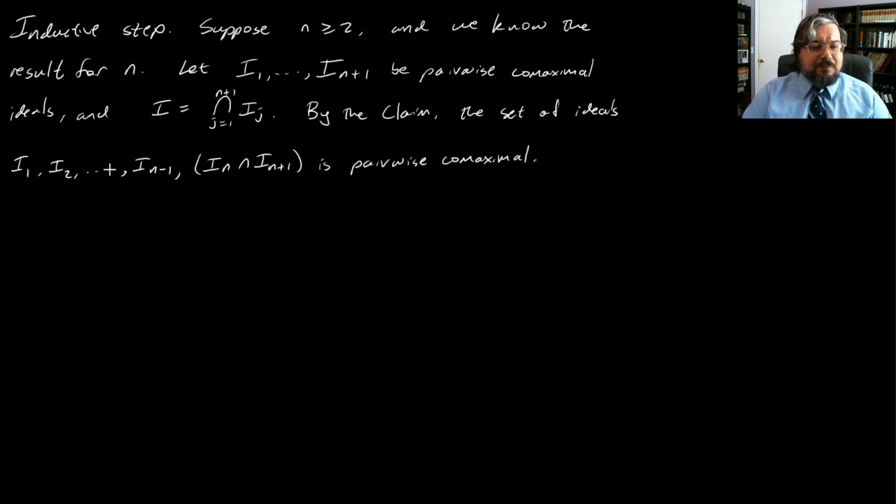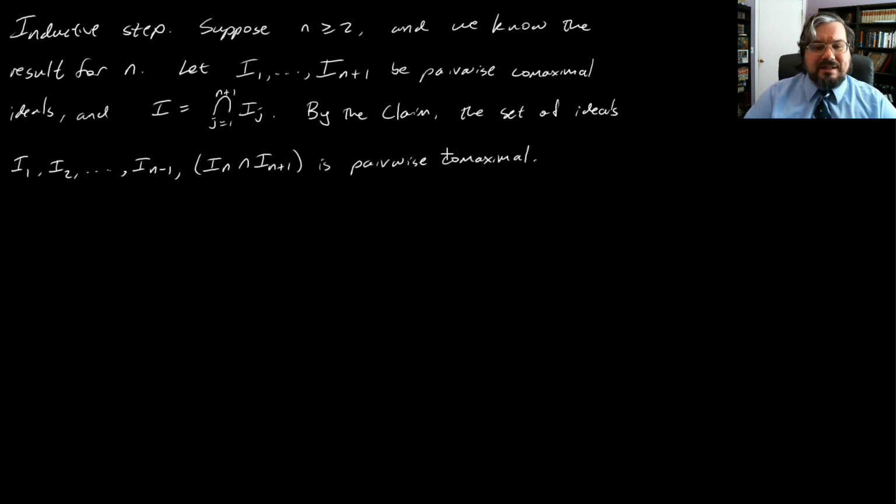And that's because if we take any two ideals in this new collection, well, if they're just regular Ij's, then we already knew that the Ij's are pairwise comaximal. But then if we take one of the Ij's and then this last ideal, which is an intersection, then we can use the previous claim to show that because Ij, In, and I(n+1) were comaximal, then so is Ij and In intersect I(n+1).